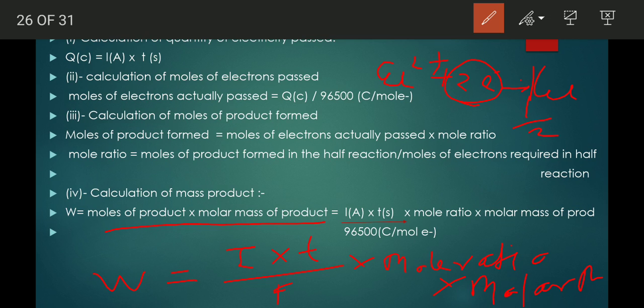This is the final equation used for the calculation. W is the mass of product, I is the current in ampere, T is the time in second, F is the Faraday, that is 96,500, mole ratio according to the equation, and molar mass of the substance.